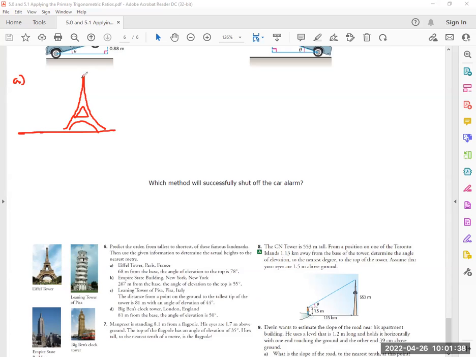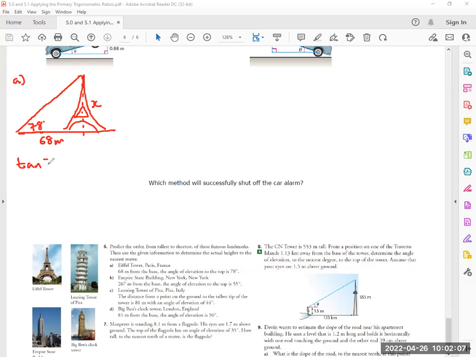From the base, I'm going to pretend it's right here because I need to use a triangle, right? The angle of elevation is 78 degrees. What is my height? Let's label the height as x, because I don't want to use h, to avoid confusion with hypotenuse. It's going to be opposite, adjacent.